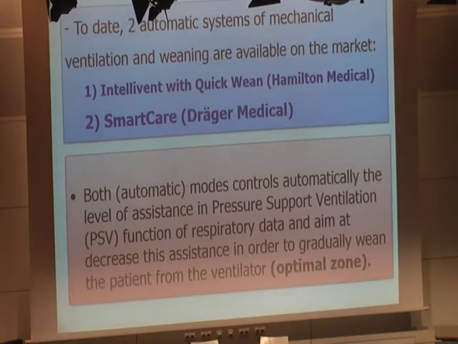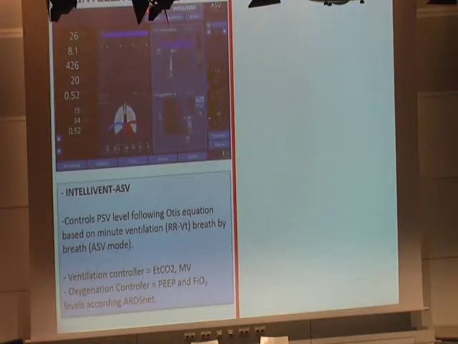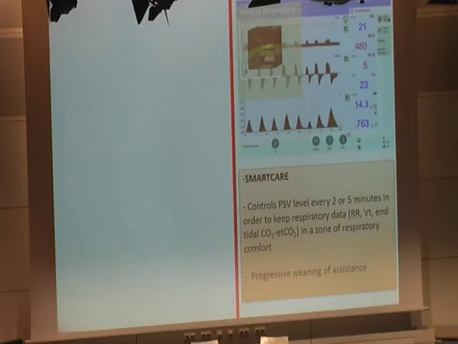Both automatic modes control automatically the level of assistance in pressure support ventilation as a function of respiratory parameters, and decrease or increase this assistance in order to gradually wean the patient from the ventilator and maintain the patient in this optimal zone. This is the Intellivent ASV Hamilton ventilator, and this is a SmartCare one.